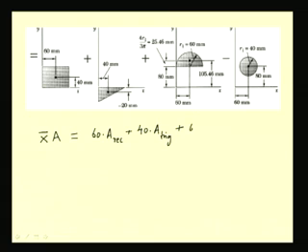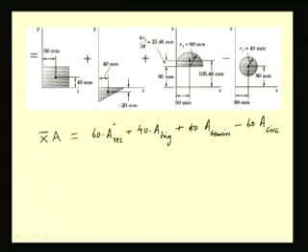60 times the area of the semicircular lamina, minus 60 times the area of the circular lamina.